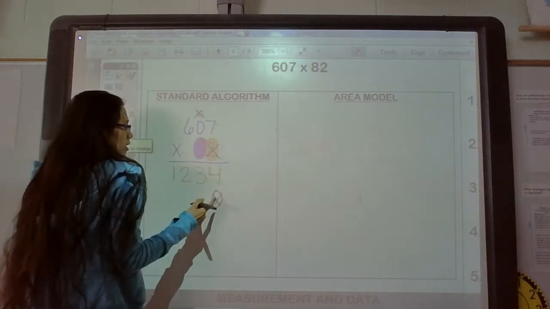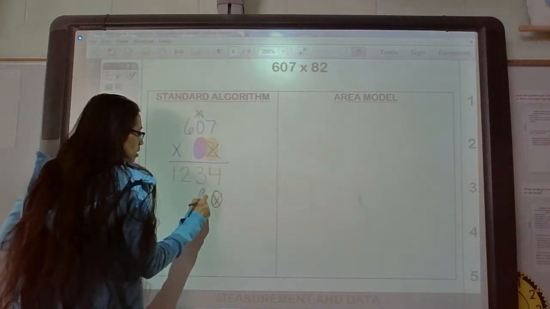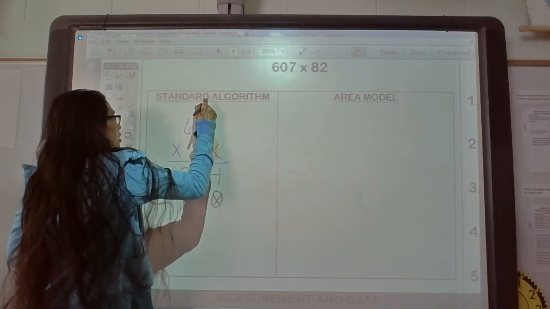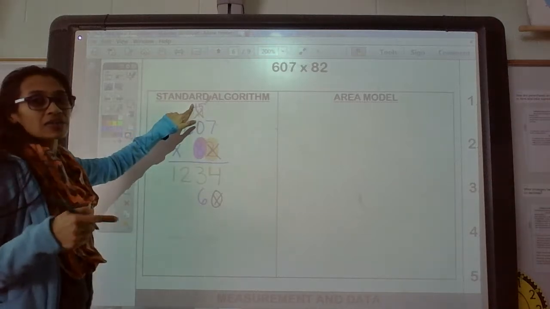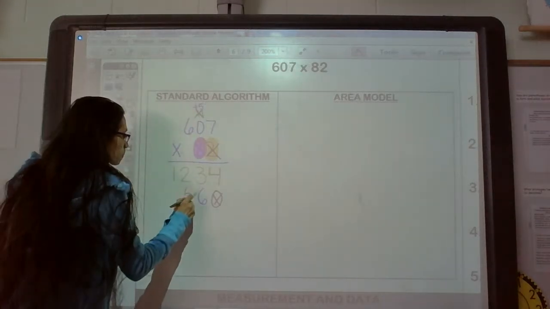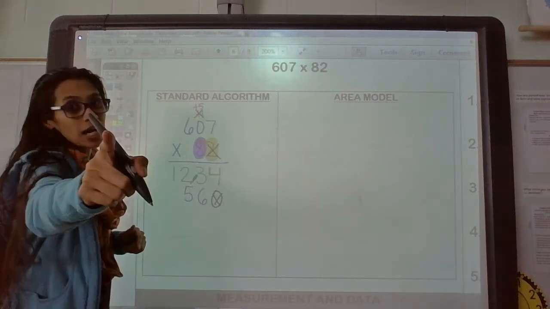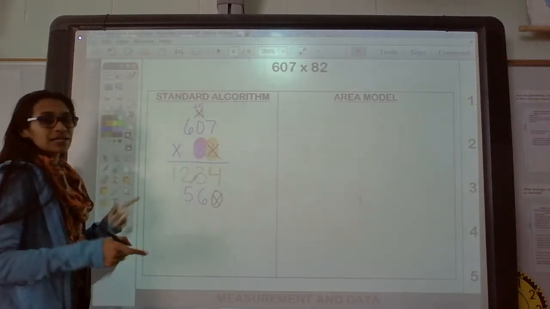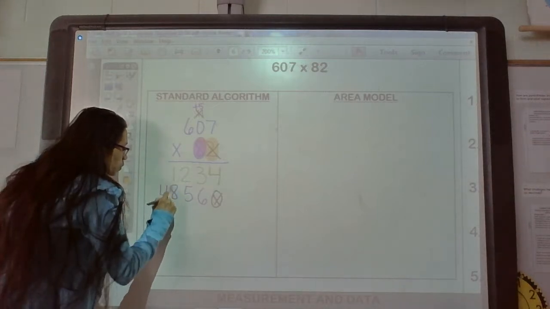8 times 7 is, you better know your times table. That is 56. Write the 6. Plus 5. 8 times 0 is 0. Plus 5 is 5. 8 times 6 is, practice your times tables if you don't know it. 6 times 8, 48. Write the 4.